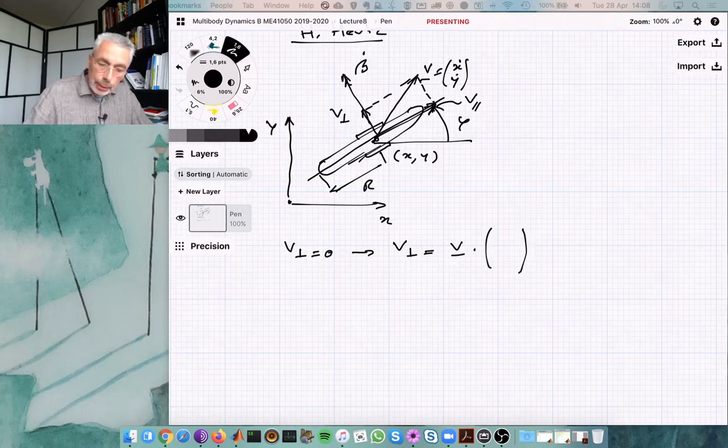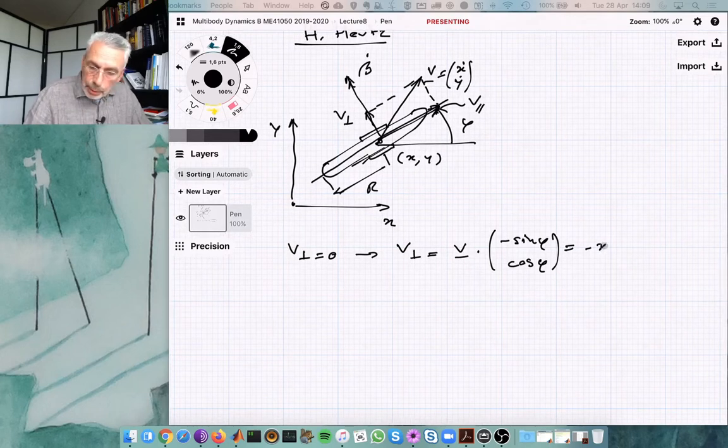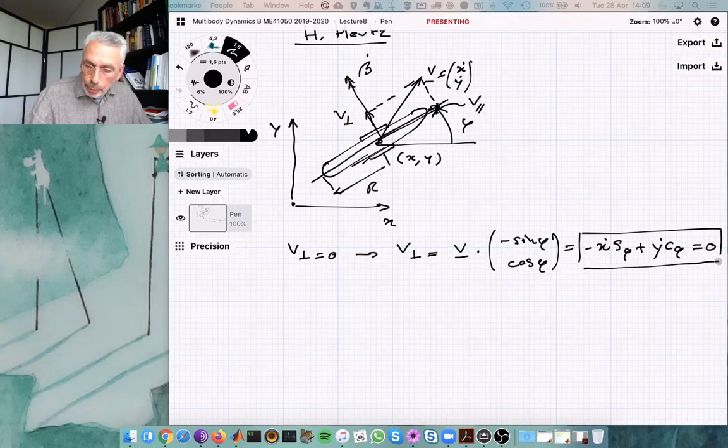If this is the direction of the wheel, then this vector has, in the x direction, minus sine phi, and in the y direction cosine phi. Expanding with x dot and y dot, we get minus x dot sine phi plus y dot cosine phi should be 0. So this is our first non-holonomic constraint.